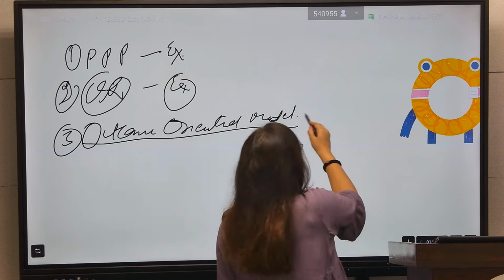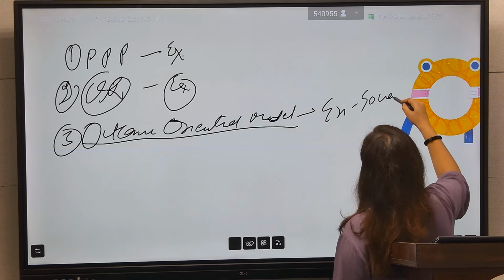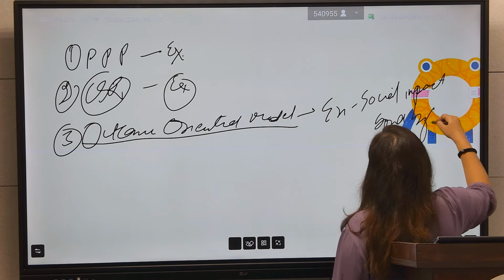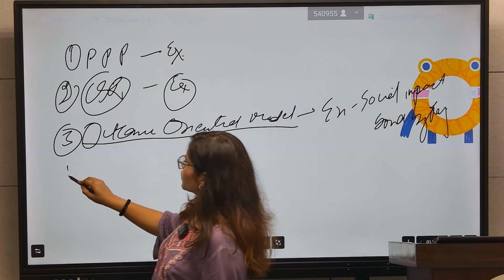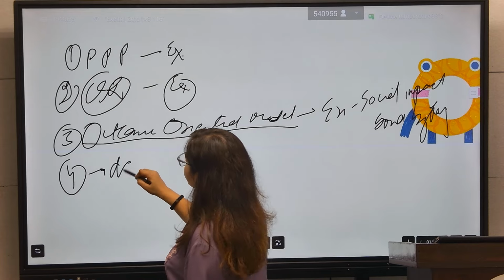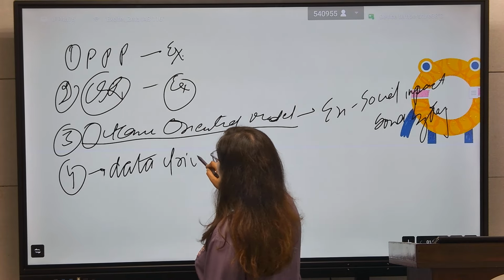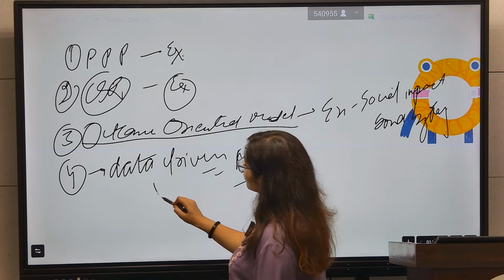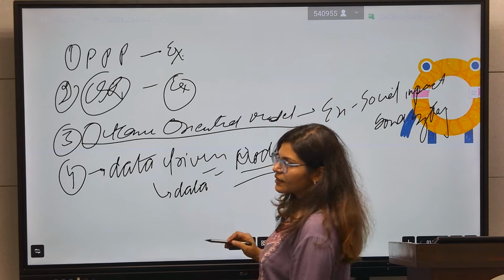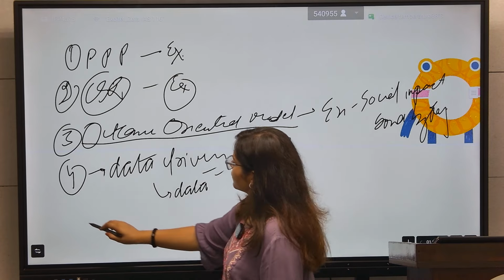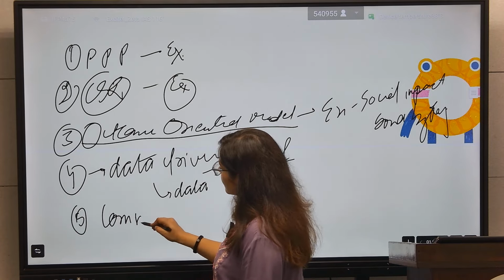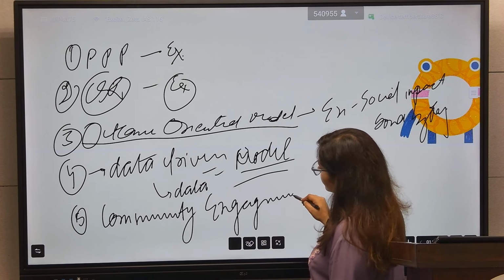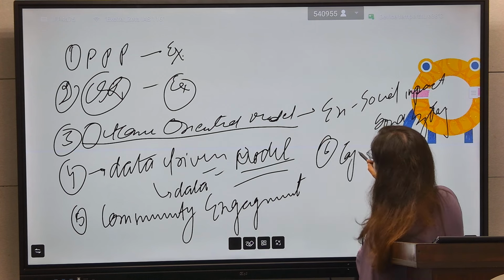Here is also the example of the social impact bond by Rajasthan. Fourth is the data driven model, that the data is used while making policy. Fifth is community engagement. Sixth is capacity building.